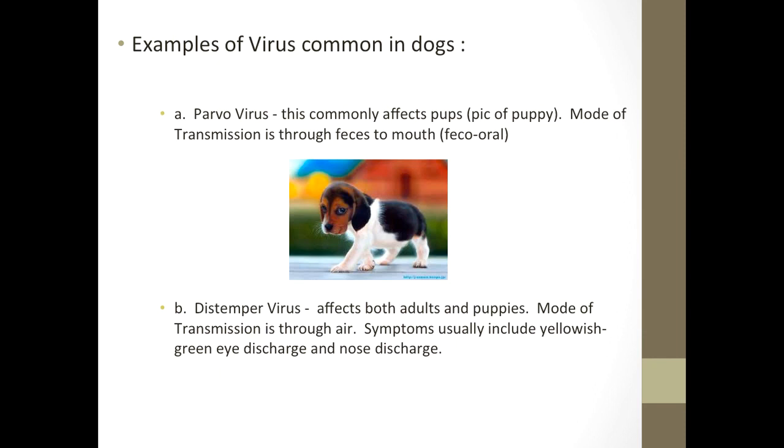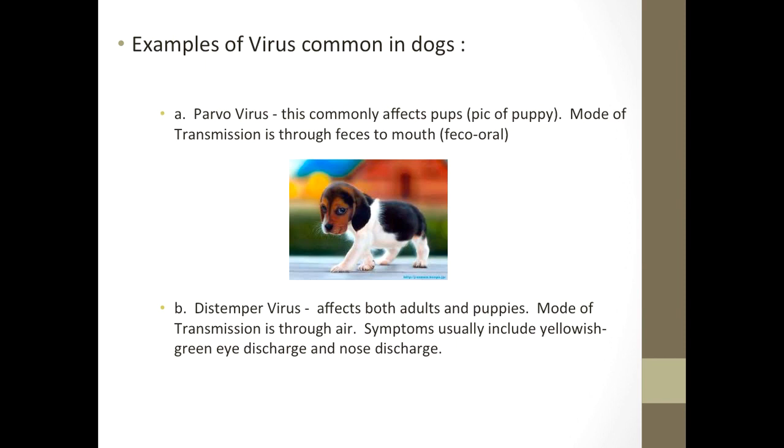Right? So panleukopenia infection is caused by the same virus that has somehow adjusted or changed somewhat in strain, that it has mutated enough to infect a cat host and cause panleukopenia infection.